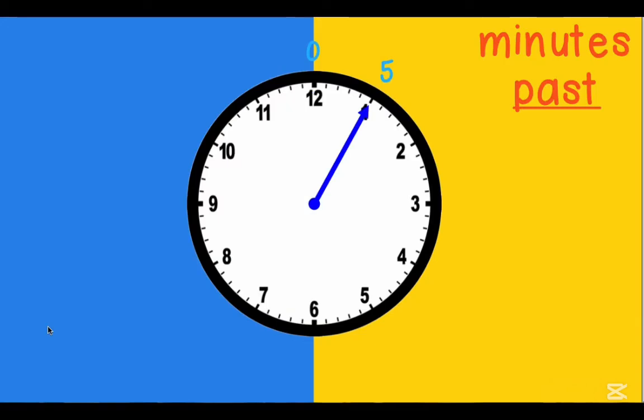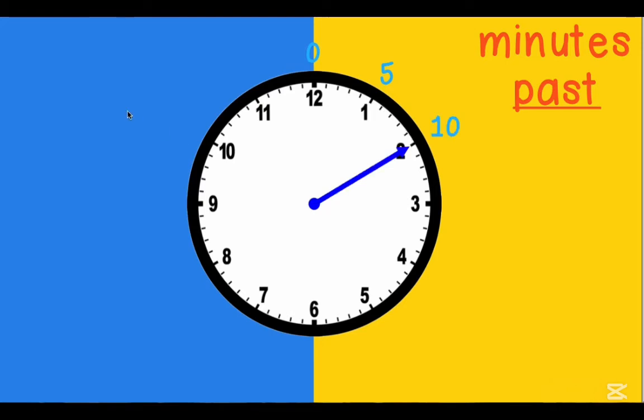As we move around, our large numbers, the hour numbers, are actually representing our minutes past. And we know from just previously that the 1 represents 5 minutes. As we keep moving around the clock, we keep counting in lots of 5 because between each hour number there are 5 individual minutes: 1, 2, 3, 4, 5.